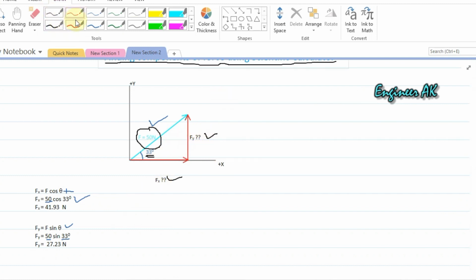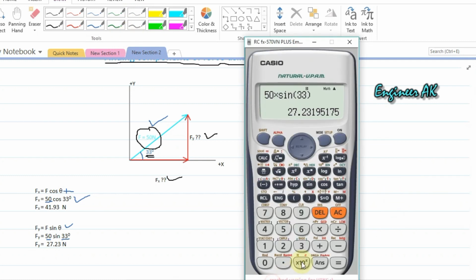Now we have seen how we find the components of a force manually. If we were given a force, this is how we find the components of that force. Now let's see how we can directly find these components using a scientific calculator. First of all, you have to press the mode.